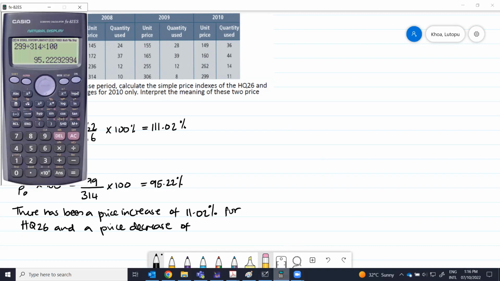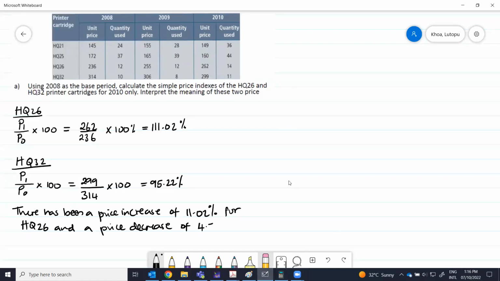You say 100 minus 95.22, and that is equal to 4.78, for HQ32 from 2008 to 2010.